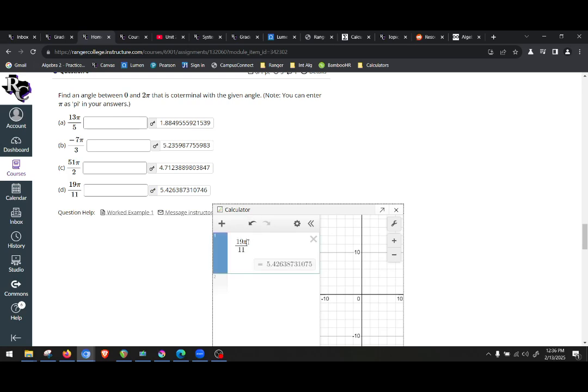So there you go. And the way that we knew that was 19 divided by 11. Because 2 pi is what we have here. We've got a pi here. Well, what's the coefficient? 19 divided by 11 is 1.7. So 1.7 pi is between 0 and 2 pi.